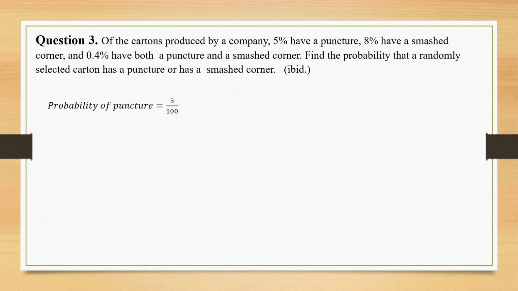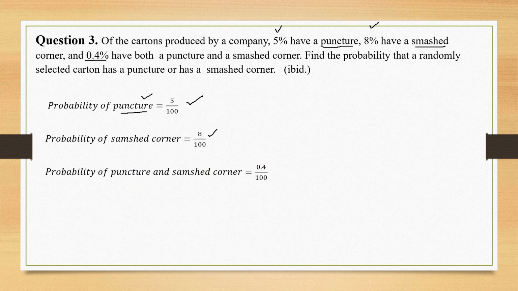First we need to find the probability of the puncture, the probability of the smashed corner, and the probability of both. So the probability of the puncture, we have 5%, so 5 by 100. Probability of the smashed corners, we have 8%, so 8 by 100. And the probability of both puncture and smashed corner, we have 0.4%, so it will become 0.4 by 100.